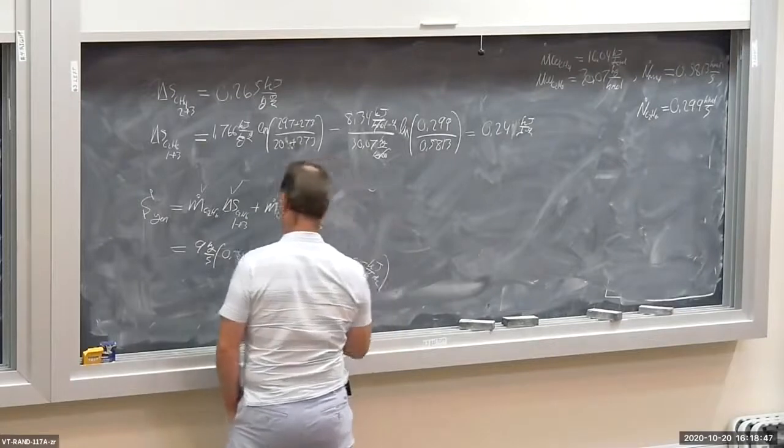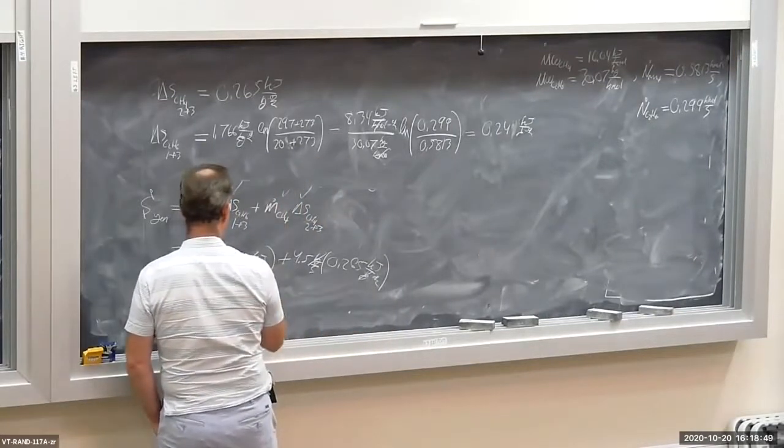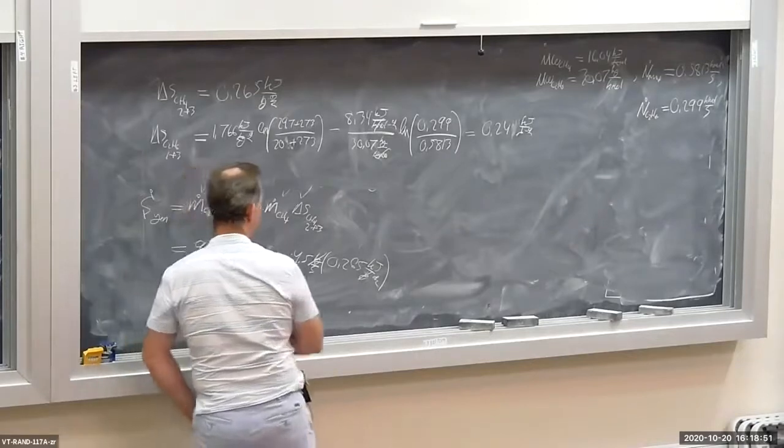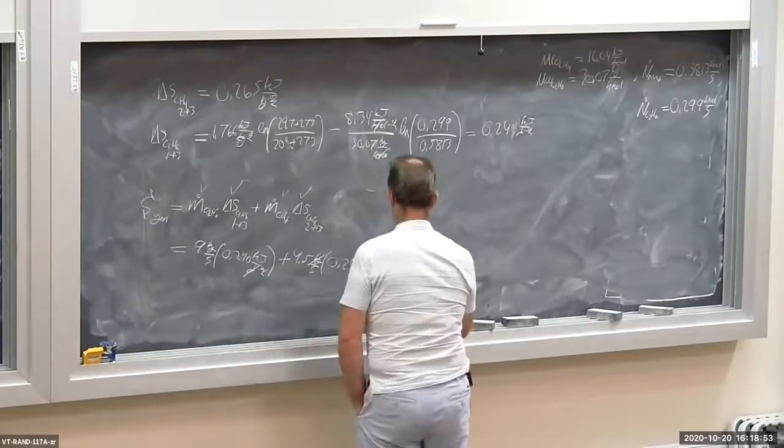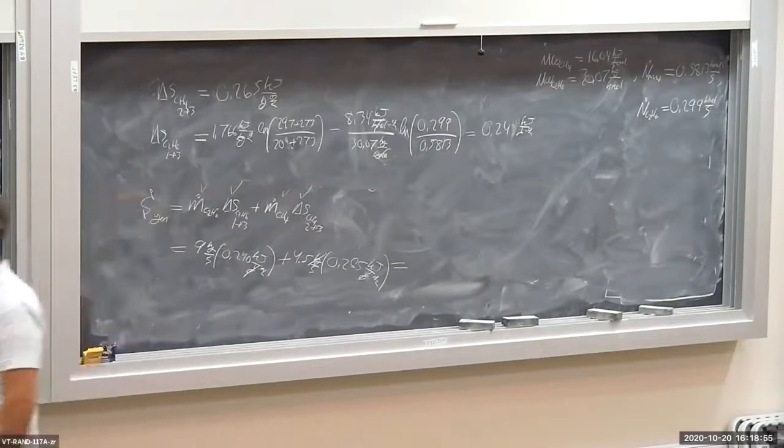Kilograms cancel out, and I get kilojoule per degree Kelvin per second. And I get S dot gen.